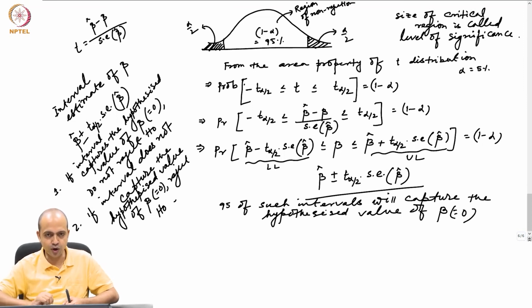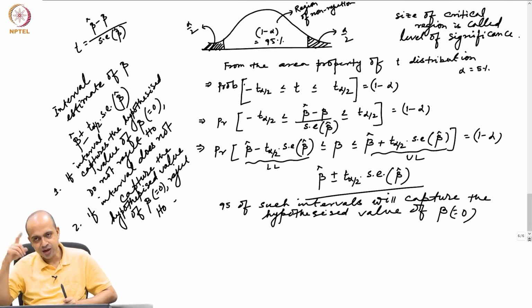Then you see whether your calculated value of t is greater than the tabulated value of t at that pre-specified level of significance.